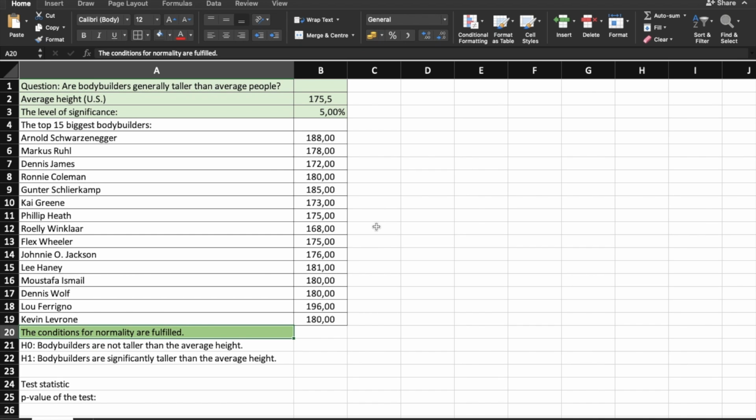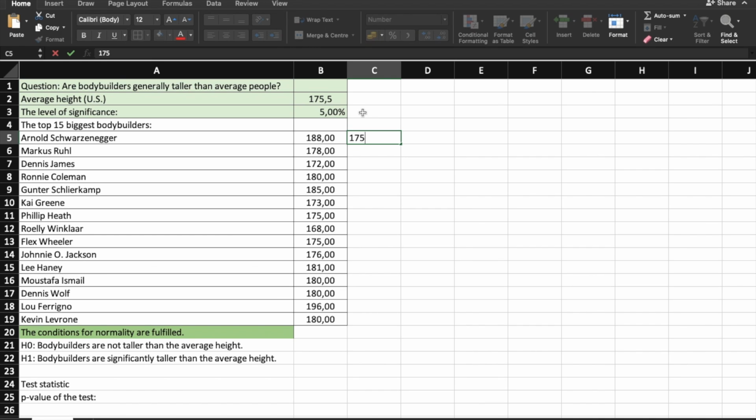I'm going to show you the fastest way of them all, which is, first let's take a look at this average or this expected value here. We are talking about expected value when we talk about population. So we need to multiply this expected value. We need to make as many copies as the data set.